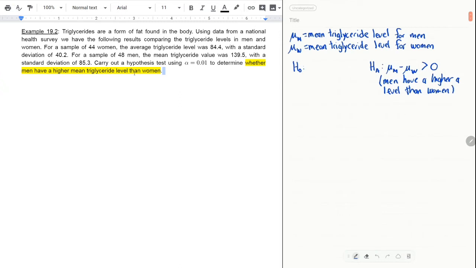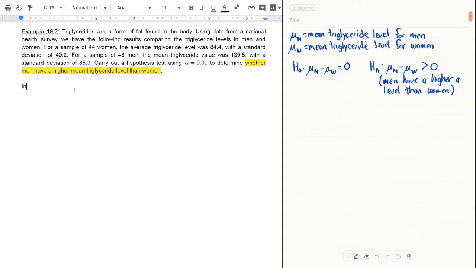All right, so that is our alternative hypothesis. Now this would tell us that our null hypothesis is that mu sub m minus mu sub w should be equal to 0. Okay, so we hypothesize that there is no difference between the mean triglyceride levels for men and women. So now the next step is to check the assumptions and conditions required for the test.